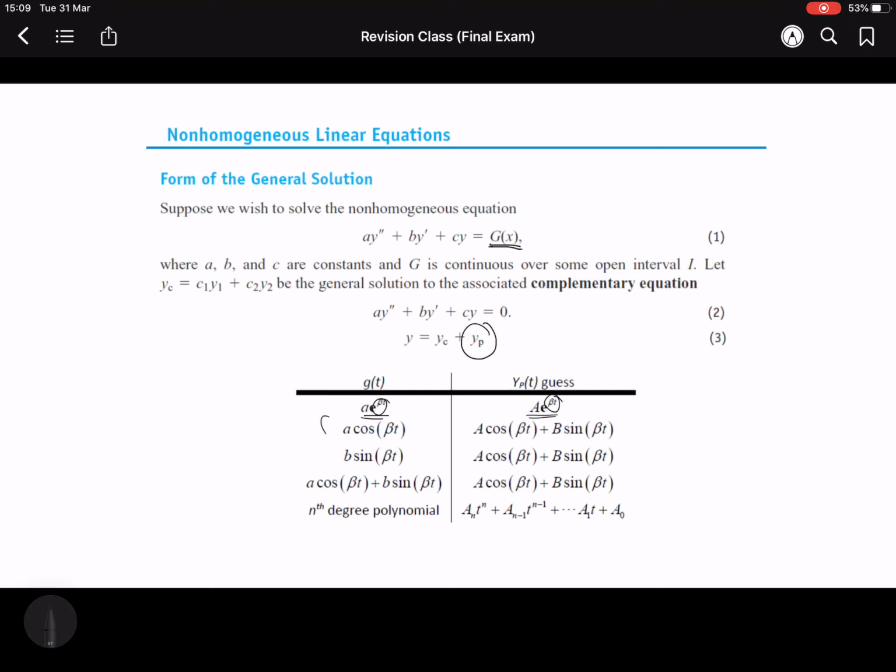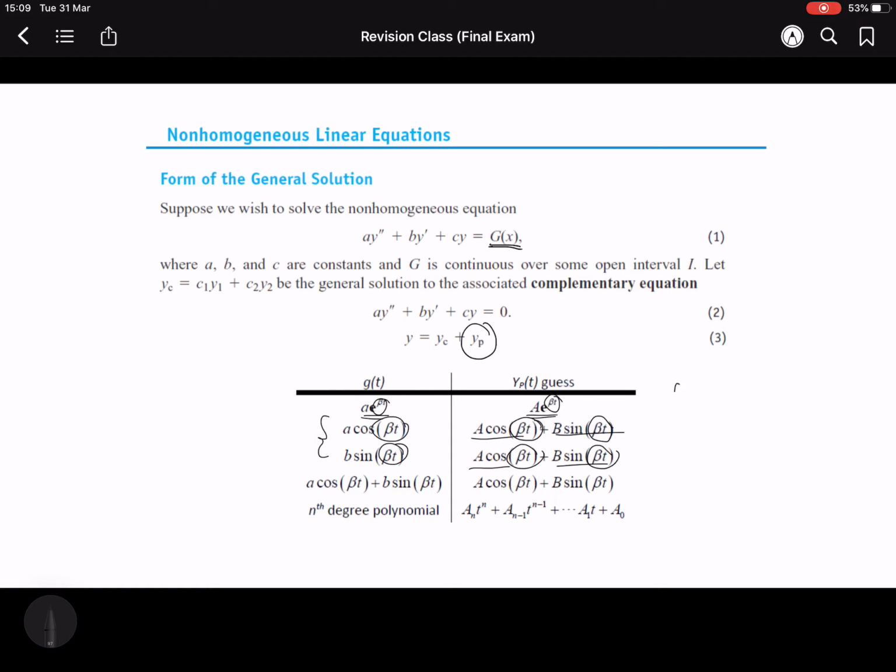And likewise for the trigonometric sine and cosine, when you have sine terms or cosine terms, then when you make a guess, you have to make a guess for both sine and cosine terms. And again, your beta t here is based on your given functions in your gx term.